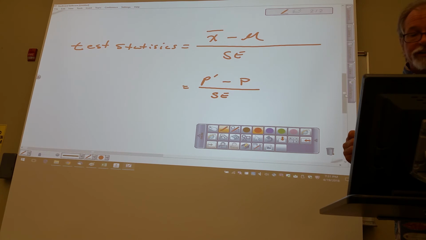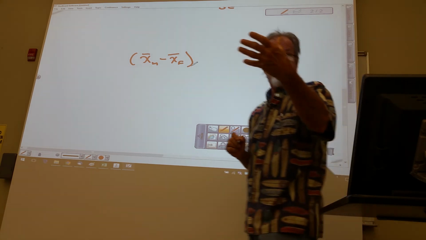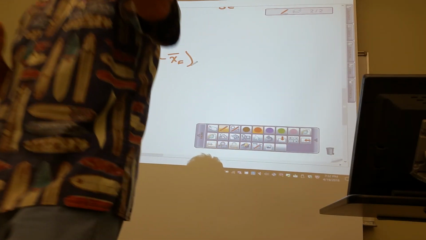So guess what? The test statistic is still the same form. I'm going to write it out the way it actually says, but it's not as hard as it looks. The first thing we're doing is looking at the mean of the males minus the mean of the females, because what we're actually testing is whether there is a difference.